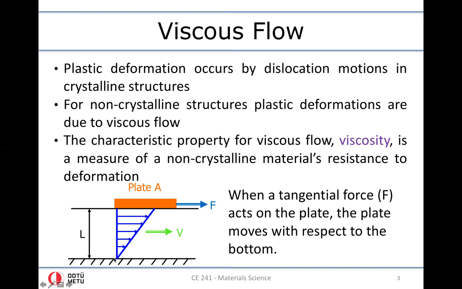So the velocity is 0 at the bottom of the fluid, and the velocity is equal to that of the plate at the interface between the fluid and the plate. And assume that for the fluid we have at hand, this velocity profile is linear. In other words, the gradient of the velocity with respect to the vertical dimension, in other words, the depth, is constant.